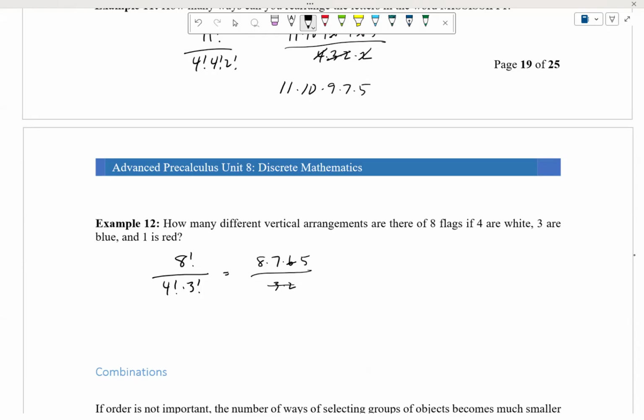Should we do this one? Should we multiply this out? I think we should, because 8 is just 4 times 2, isn't it? I want to see that too, so I could put it with the 5, and then I'm just left with 28, right? So 280.